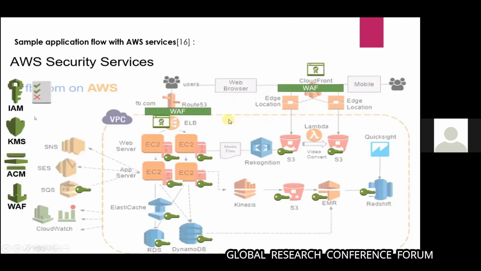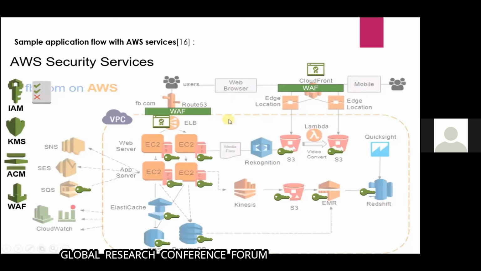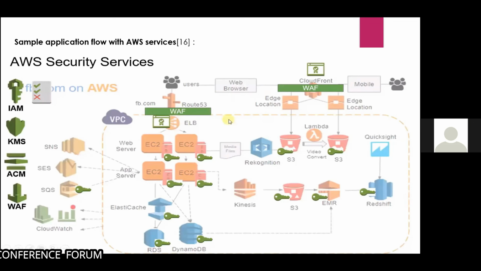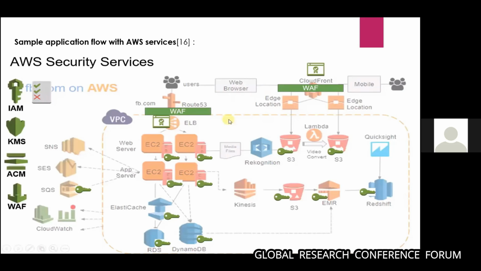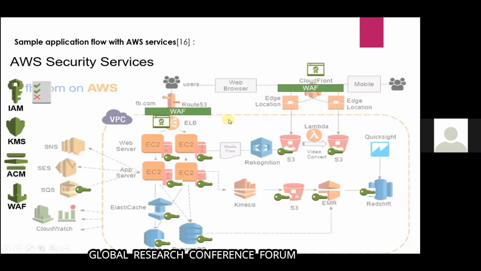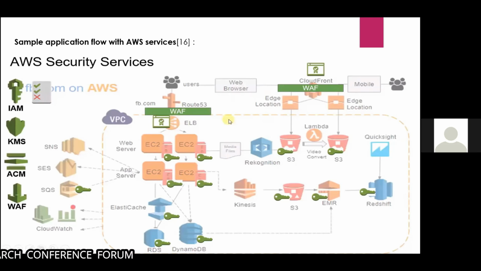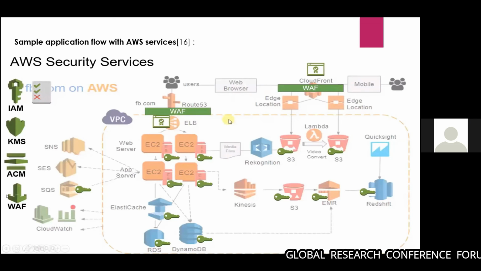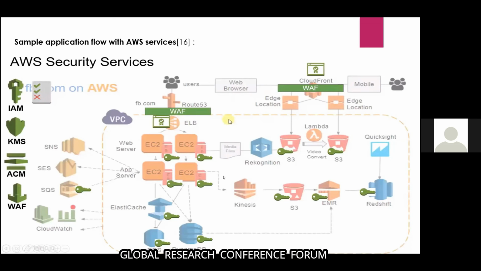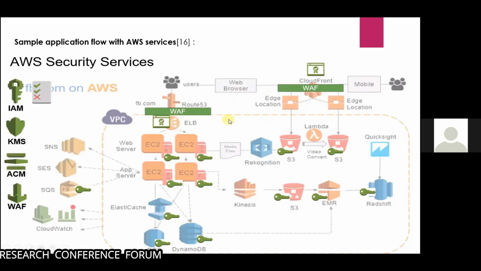KMS we are using as the key management system for the encrypted and decrypted data, where we have the key value pair. And we are also using the WAF, that is the firewall of AWS.